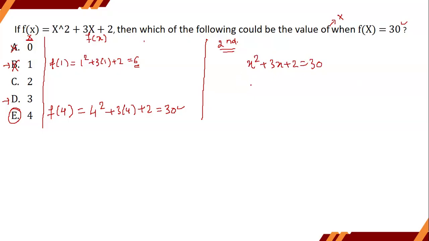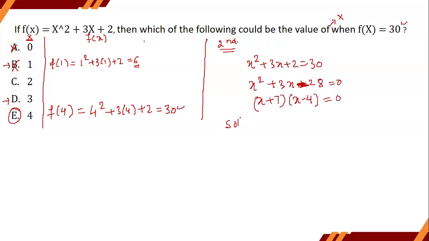We will convert it into a standard quadratic equation. So x squared plus 3x plus 2 minus 30, so minus 28 is equal to 0. So this is minus 28, okay? So this gives us x plus 7 and x minus 4 as the factors, okay?